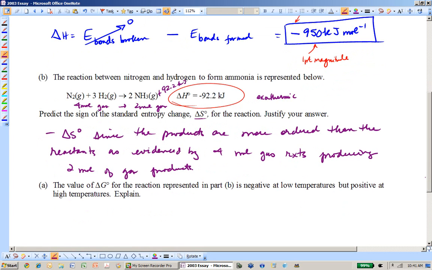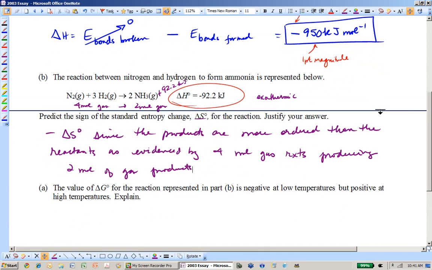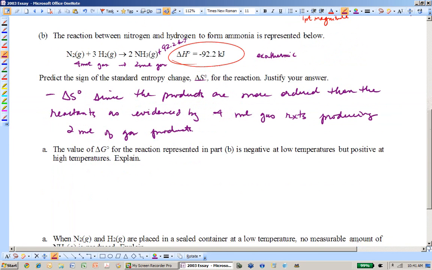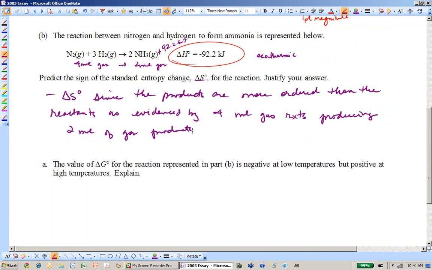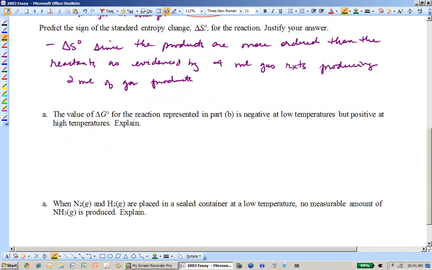Definitely a decline in disorder. It's getting a little crowded, so let me just widen that out just a little bit for you. Okay, now what?